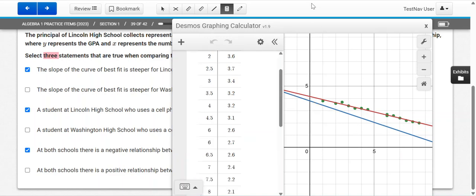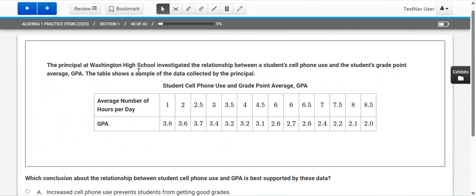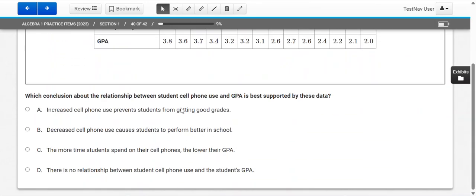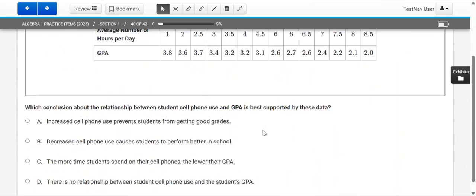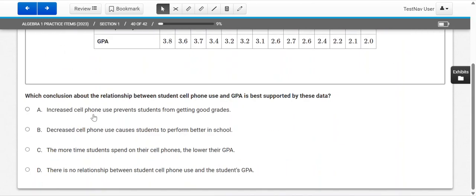So, yeah, that's it. It says the principal of Washington High School, so this part is the same. Which conclusion about the relationship between student cell phone use and GPA is best supported by this data? We already know that the more hours the student uses their cell phone, the lower their GPA is. So, increased cell phone usage prevents students from getting good grades.